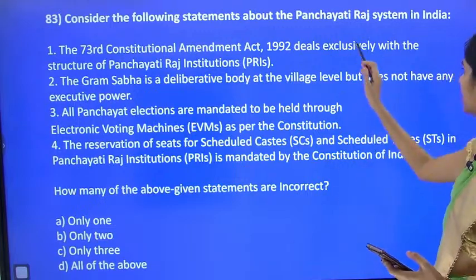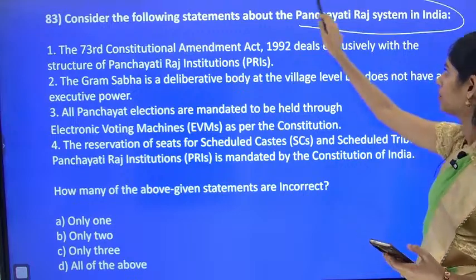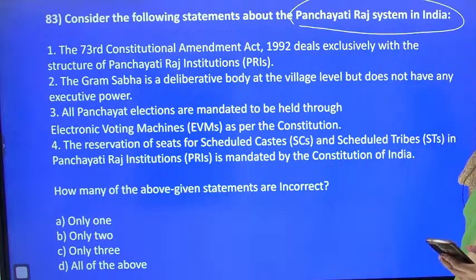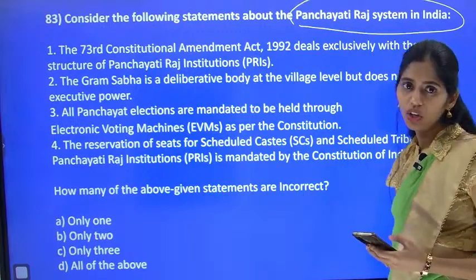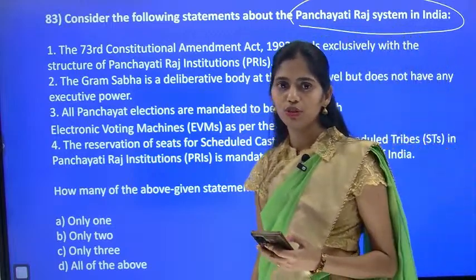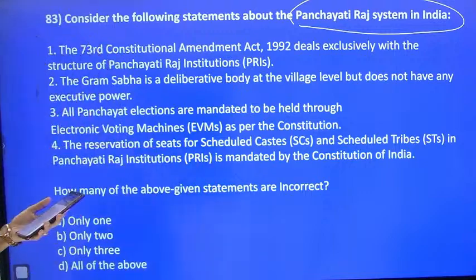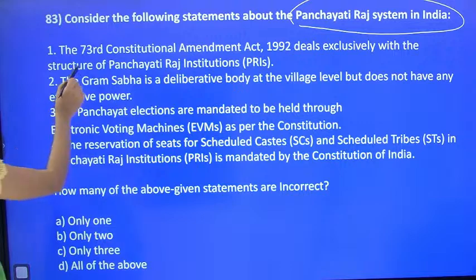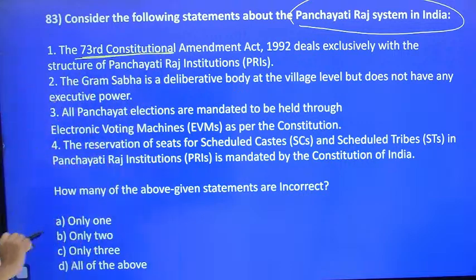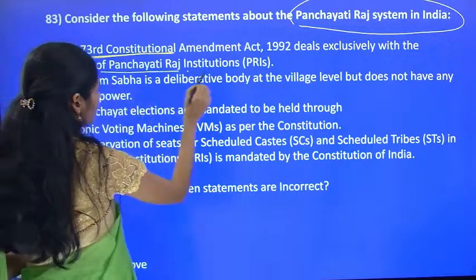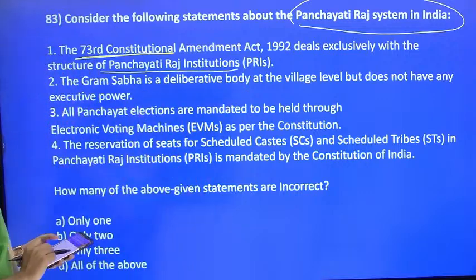Consider the following statements about Panchayati Raj system. So the 73rd and 74th Constitutional Amendment Acts, they are very important favorite topics of UPSC. Don't miss that. So first one is 73rd Constitutional Amendment Act deals exclusively with the structure of Panchayati Raj institution.